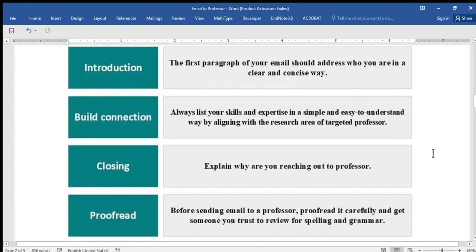And then you can write that you are looking forward to his reply, and you are available to provide any additional document, and you can attach your CV.